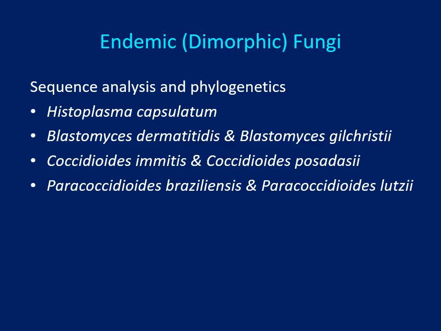The endemic or dimorphic fungi, the sequence analysis and phylogenetics show that we have four major genera: Histoplasma capsulatum, Blastomyces dermatitidis and Blastomyces gilchristii, Coccidioides immitis and Coccidioides posadasii, and Paracoccidioides brasiliensis and Paracoccidioides lutzii.